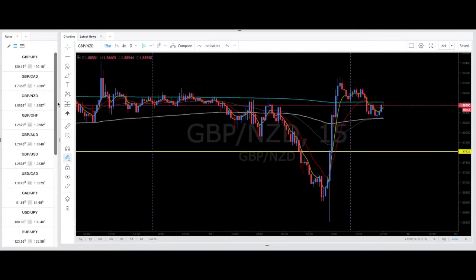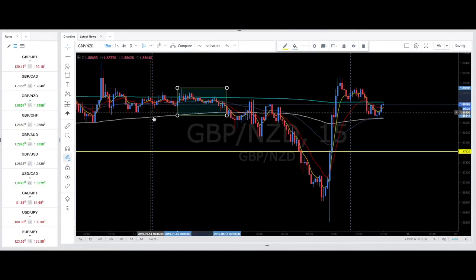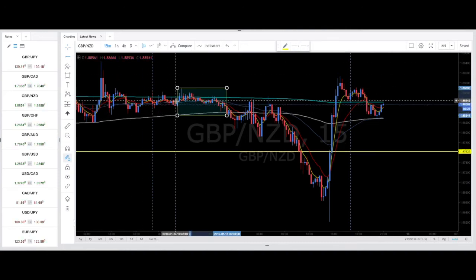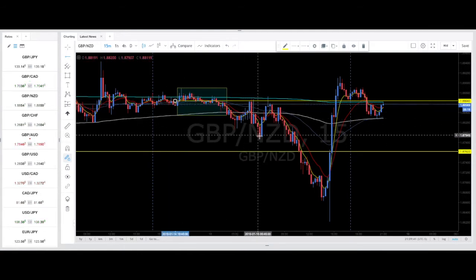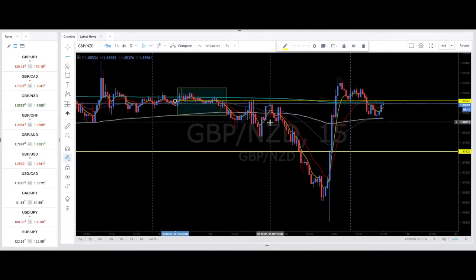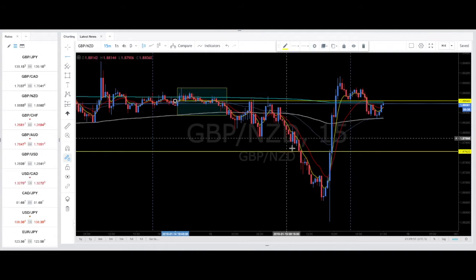Let's go over to pound NZD. Here's the Asian session, and what do we have? Middle of the range, same thing. We hit it once, come back, see if we can get some people to buy, come back up, hit it again. What do we do? We sell it.